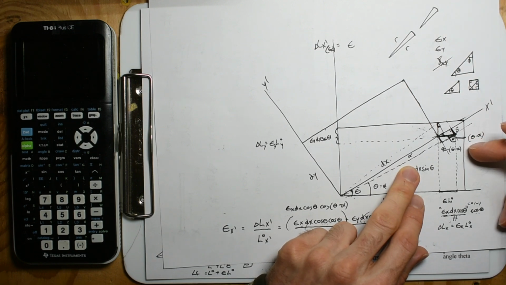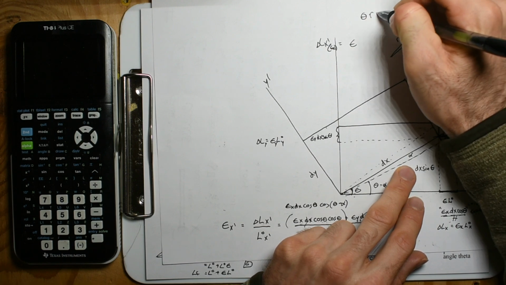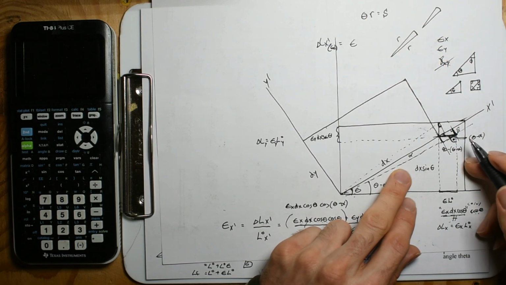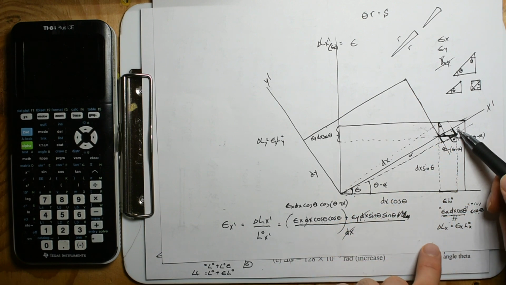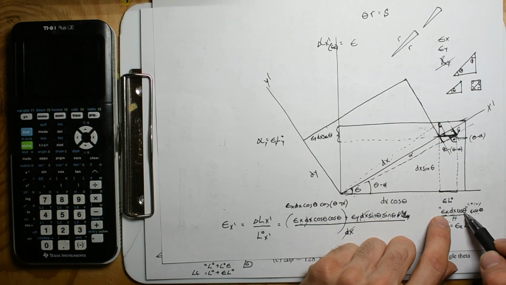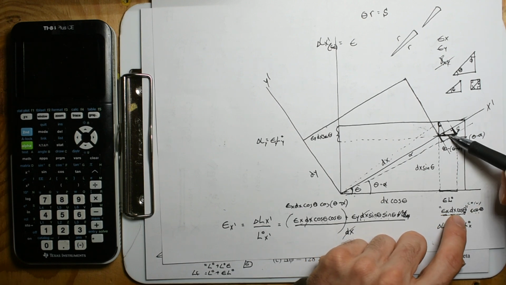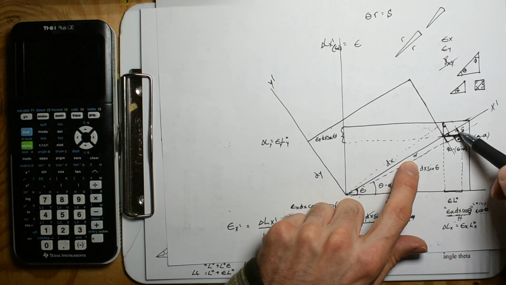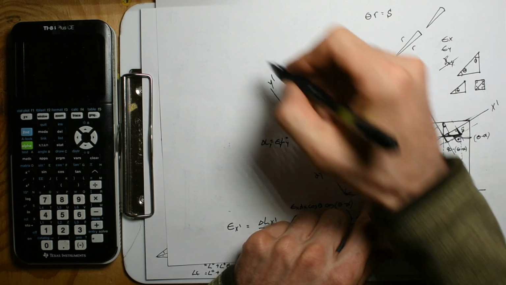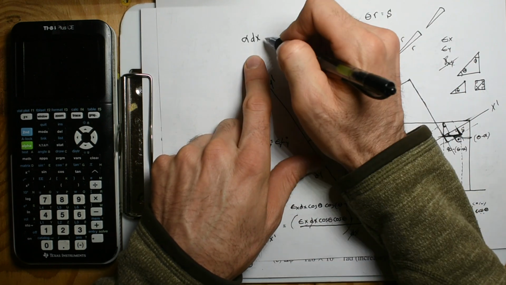And that equation is radians times radius is arc length. And so I know this arc length, and I could know it in terms of just not using the small angle, because that's just going to be EX dx cosine theta, and then times sine theta. So let's do this one. So alpha, radians times radius. So we have alpha dx. That's radians times radius is arc length.